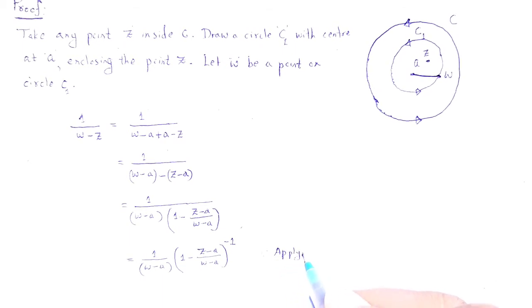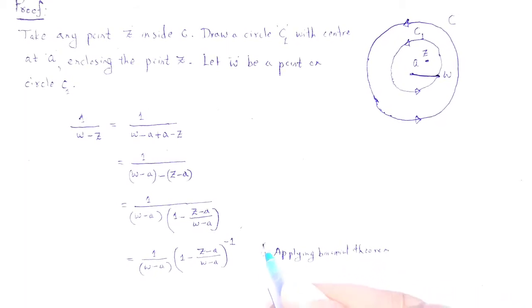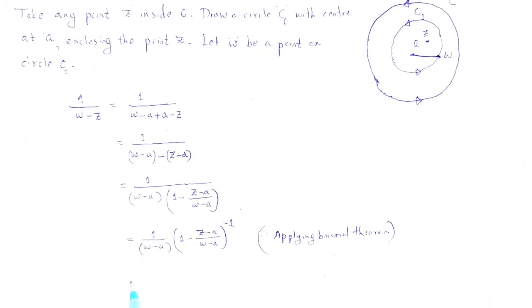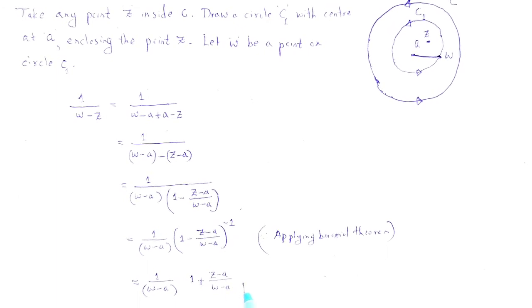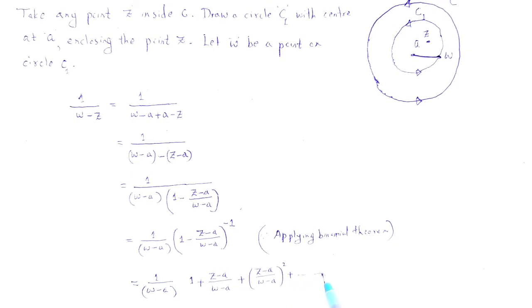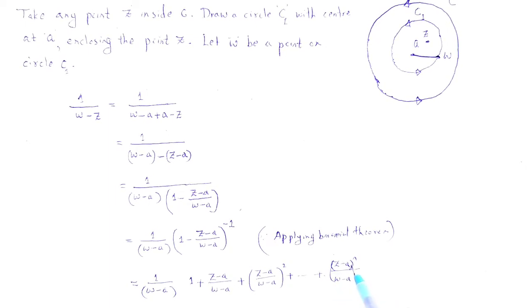Applying the binomial theorem, 1 divided by W minus A, times 1 plus Z minus A divided by W minus A plus Z minus A divided by W minus A squared plus dot dot dot up to Z minus A divided by W minus A to the power n plus dot dot dot.